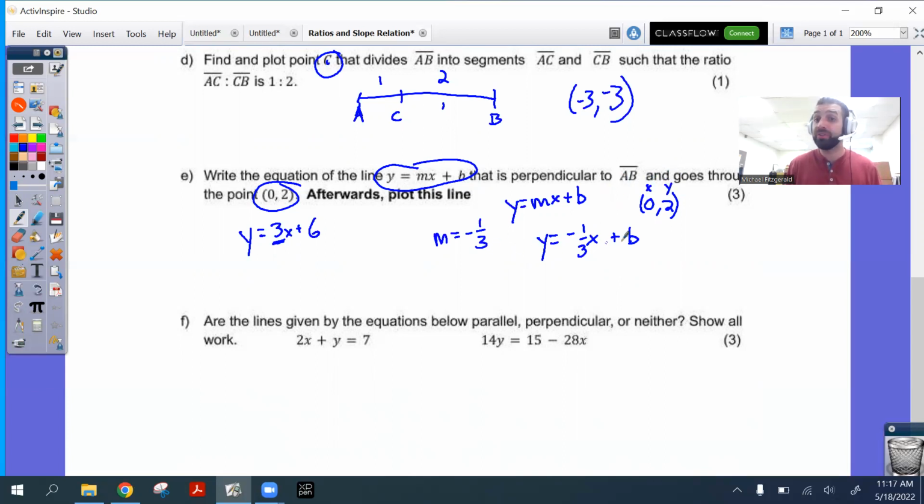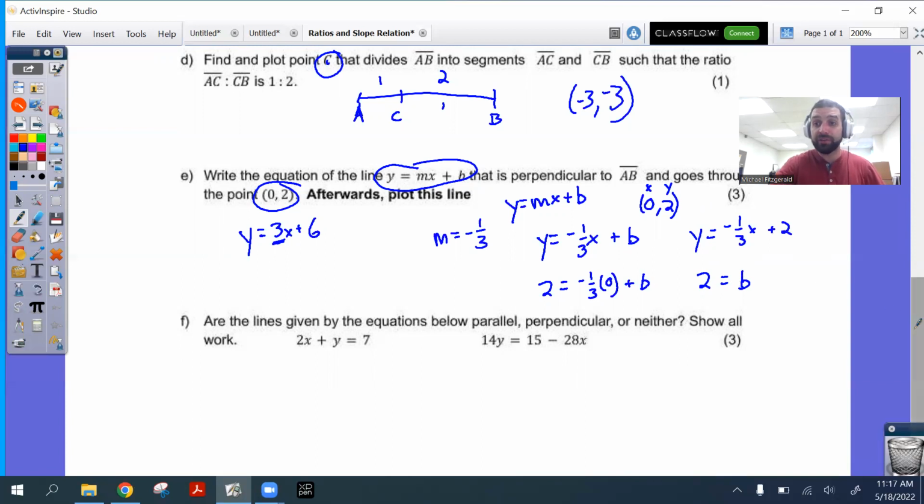So I'm going to plug in x and y: 2 is equal to -1/3 times 0 plus b. Well, -1/3 times 0 is 0, so we get 2 is equal to b. That's convenient. So our equation is y equals negative 1/3 x plus 2.